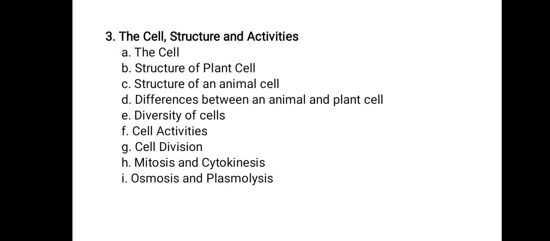D, will now differentiate between an animal cell and a plant cell. In E, we'll talk about diversity of these cells. F, talk about cell activities. G, cell division, where we'll talk about mitosis and cytokinesis, then osmosis and plasmolysis. And that's all about Unit 3.